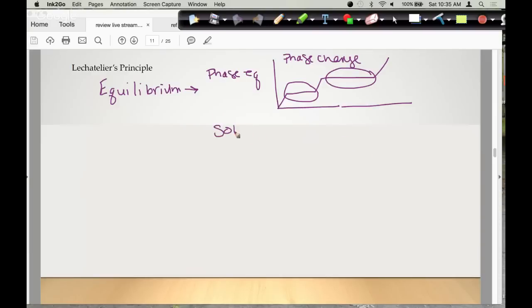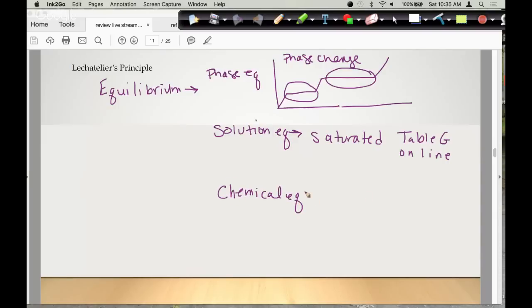We have solution equilibrium for a saturated solution. So those are the table G questions. And the ones that are on the line for the substance, those would also be solution equilibrium. And we can have chemical equilibrium for a reaction that is reversible.